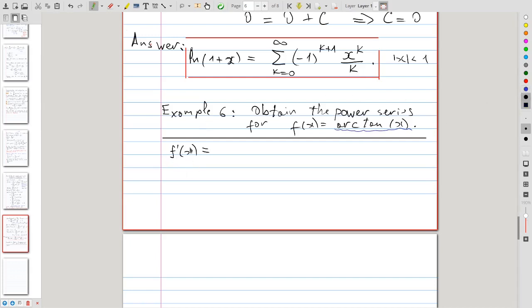So f prime of x is 1 over 1 plus x squared. Now the question is, can we represent this function as a power series?